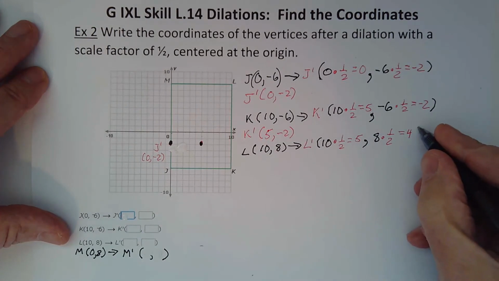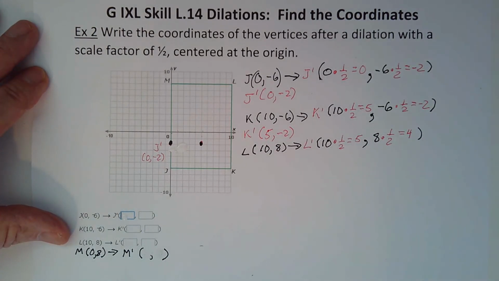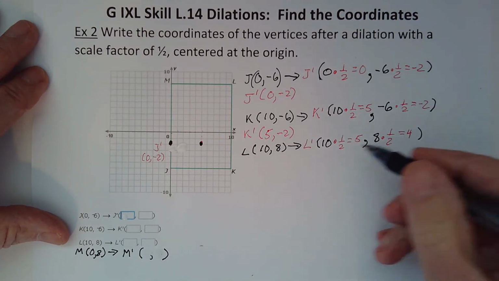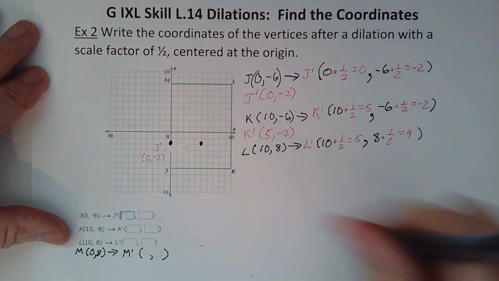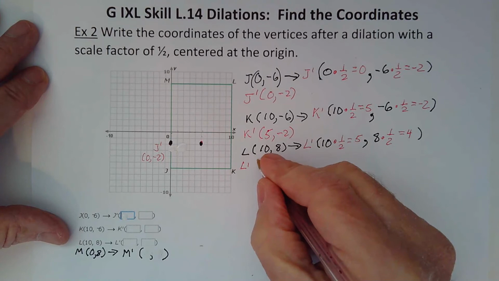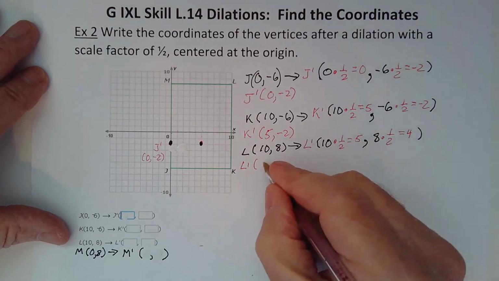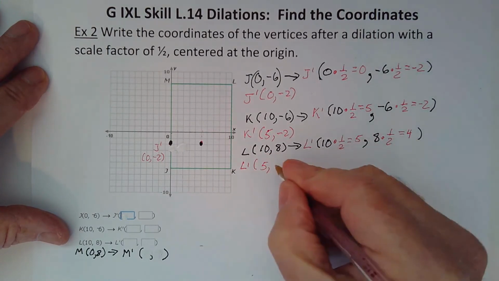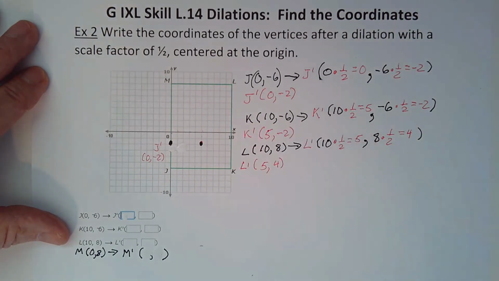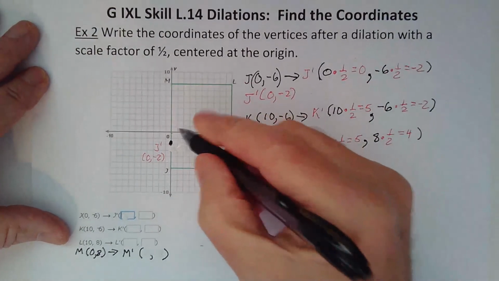Okay. So we go over here to write L prime, and L prime's coordinates are 5, 4. And so let's find that on our graph.